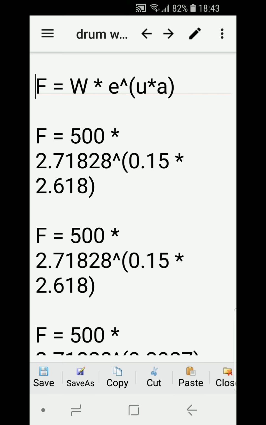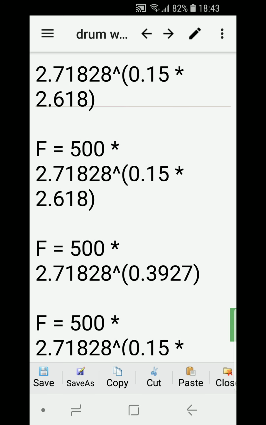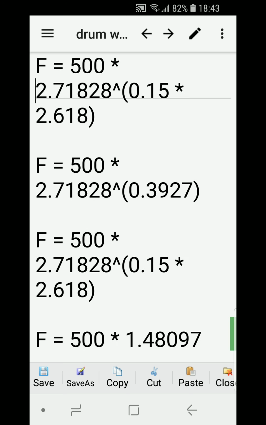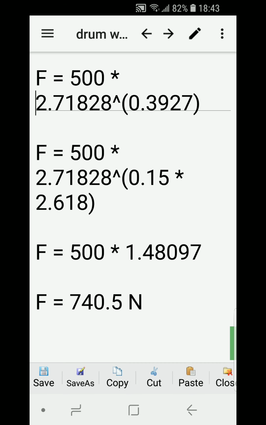So we use our calculator to solve the given equation, and so we arrive at F is equal to 500 times 2.71828 to the power of 0.15 times 2.618. We got F is equal to 500 times 1.48097, and we got F is equal to 740.5 newtons.